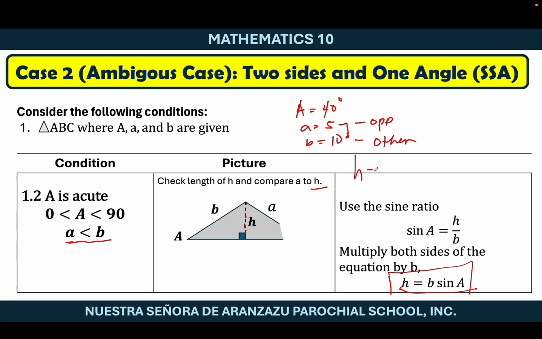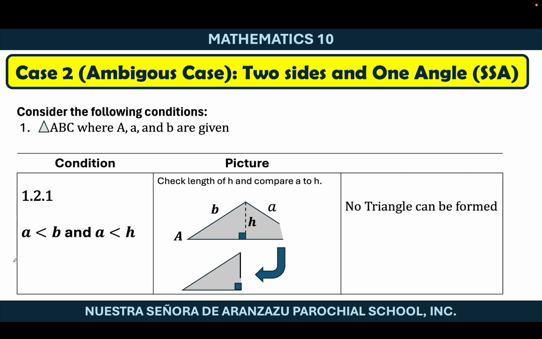Your height is always equal, para hindi na kayo mag-derive ng formula, to the other side times the sine of your given angle. Okay? Always to. Again, your height is equal to the other side times the sine of the given angle.